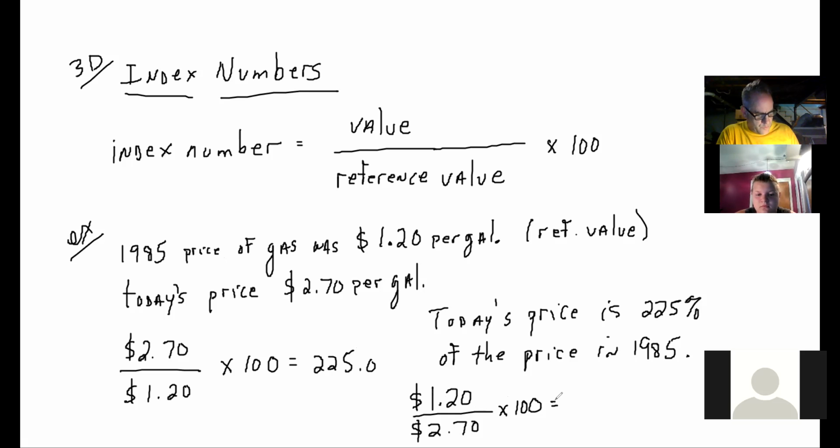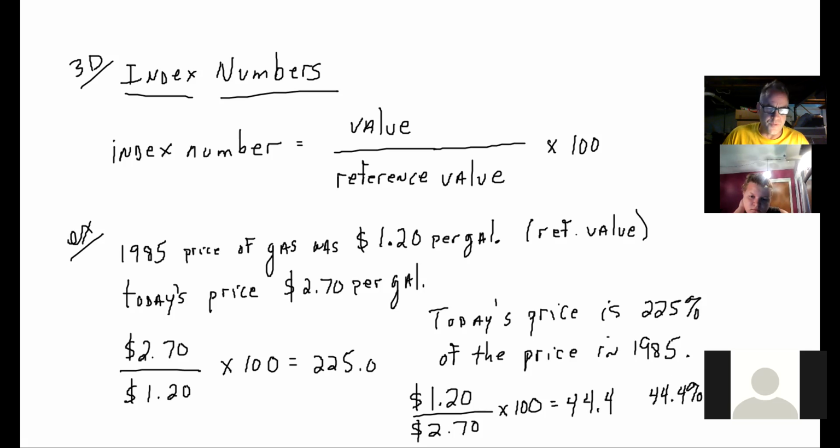So 1.20 divided by 2.7, and we're basically going to get this. So the price of gas in 1985 was 44.4% of what it is today, which again makes sense.